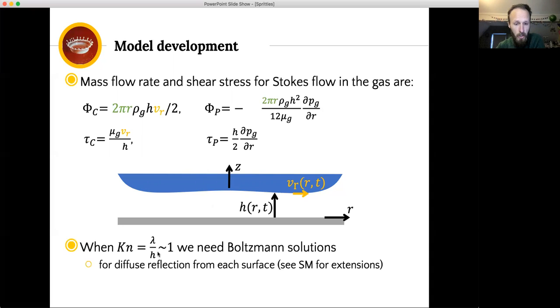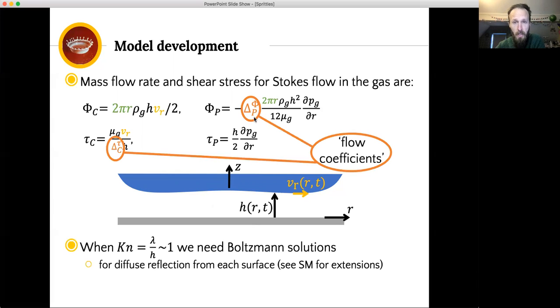Now, given that Knudsen number is 1, we need Boltzmann solutions, which on the outset seems like a nightmare. But actually, what I'll show you is that these are relatively easy to incorporate just via the so-called flow coefficients. And these are coefficients which have been calculated from Boltzmann solutions.